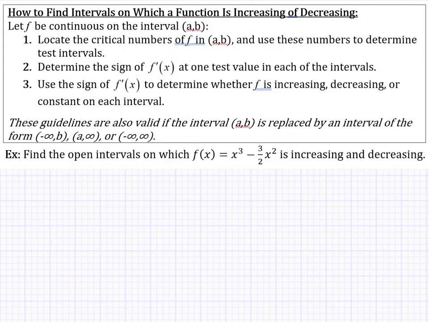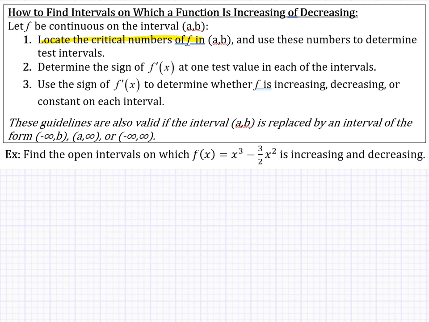So what we want to do is find where the function is increasing and decreasing. Where is the derivative positive or negative? So this is how we're going to do it. First, we're going to locate the critical numbers. Those are the places where the derivative is 0 or undefined.